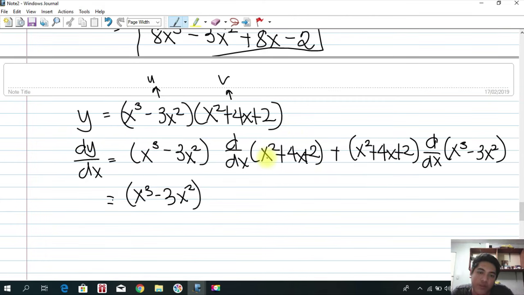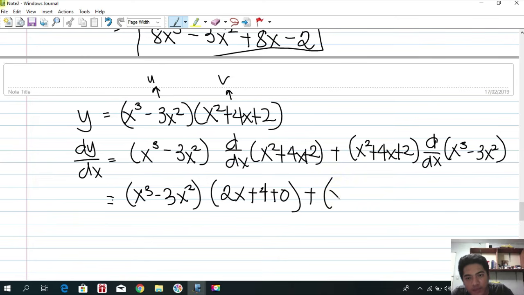This is a combination of a power rule, a derivative of a constant times a function, and a derivative of a constant. So the derivative of x squared is simply, by power rule, 2x, and the derivative of 4x is simply 4, and the derivative of this constant 2 is actually equal to 0.